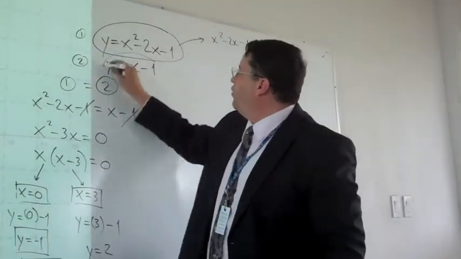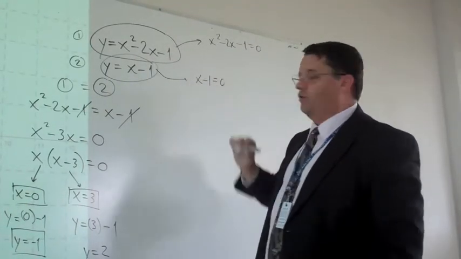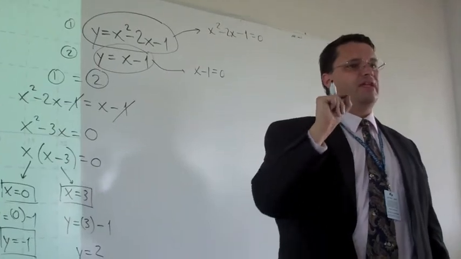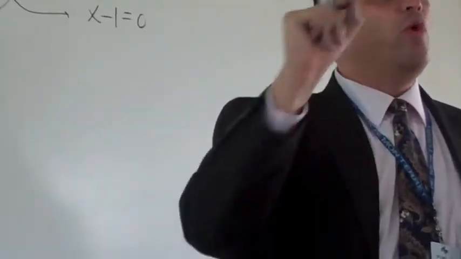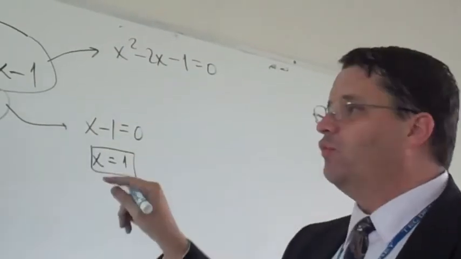If we solve this equation by itself, by doing x minus 1 equals 0, what we're going to get is the intersection point of that line with the x-axis. This is a lot faster to do. x equals 1. That's where the line intersects the x-axis.